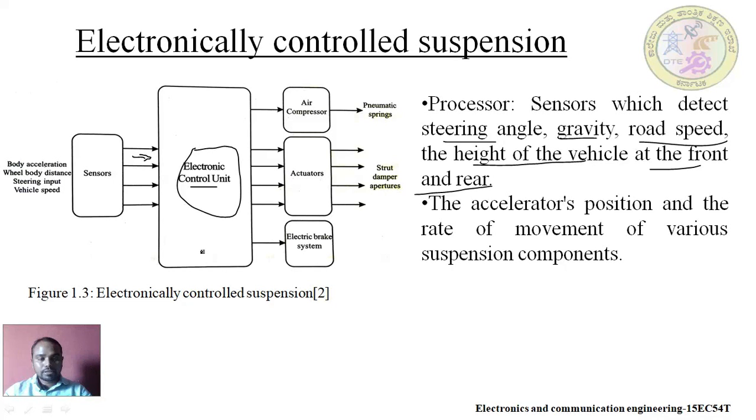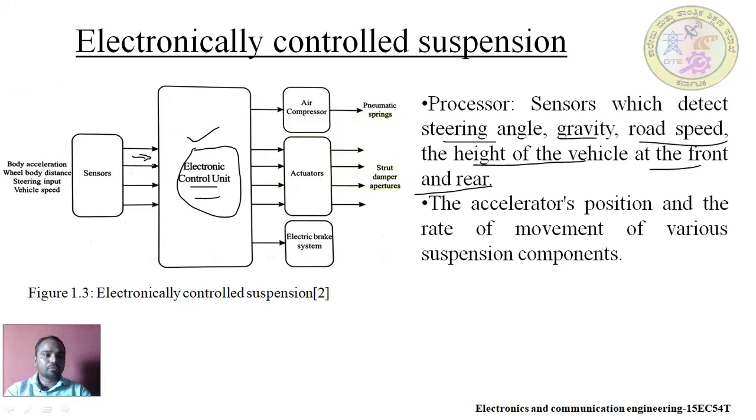The manufacturers also have the facility to program those chips. Once the manufacturer programs those chips accordingly and fits them into this electronically controlled suspension system, it becomes the ECU, that is, the electronic control unit. What is the role of the ECU here?